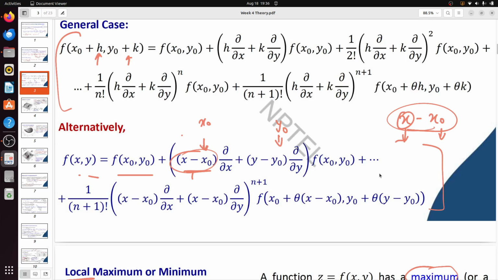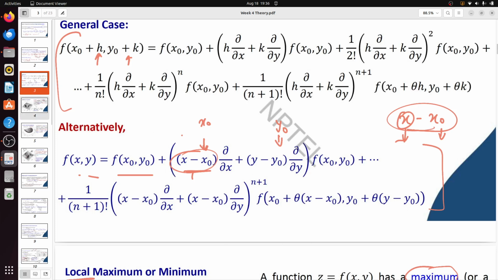So the remainder is 1 by (n plus 1) factorial ((x minus x naught) del by del x plus (y minus y naught) del by del y) to the power n plus 1 f at (x naught plus theta (x minus x naught), y naught plus theta (y minus y naught)). So this is our Taylor's theorem.